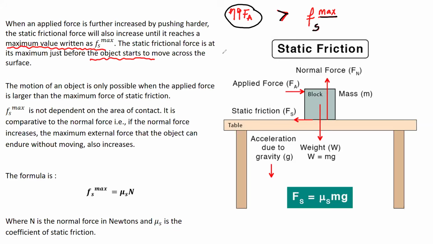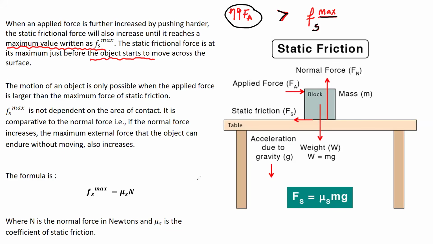I also want you to understand that when we applied the forces before and there was no movement, it was because the applied force was equated by that static friction. We increased the applied force, the static friction increased until it got to a certain maximum value.